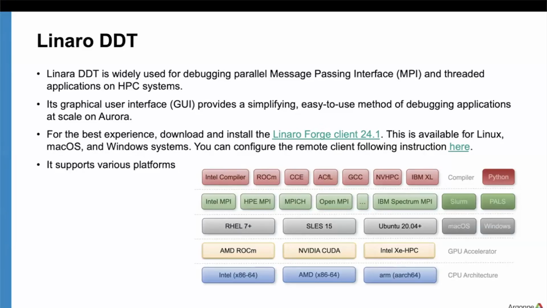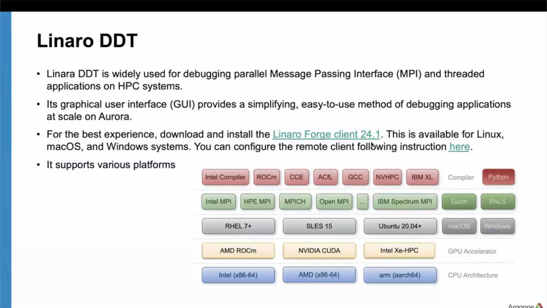As a best practice, we recommend you download and install the Linaro Forge client 24.1. The reason I'm specifying this version is that the current default Forge module version is 24.1.2. In order to use that, you have to have the corresponding client version, so 24.1 will work.